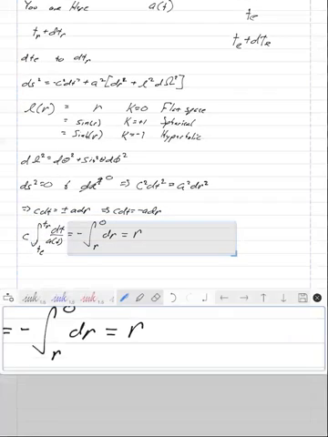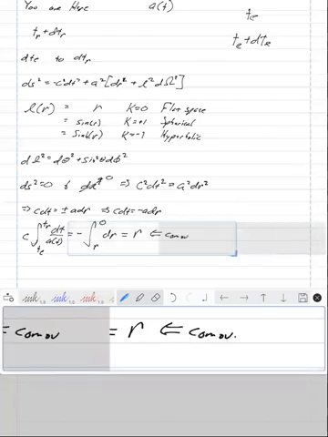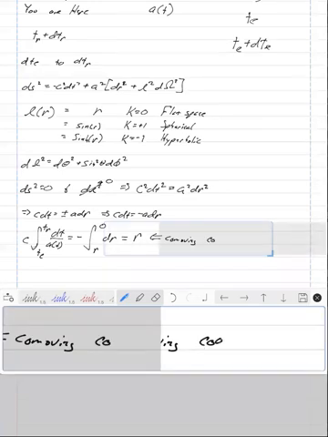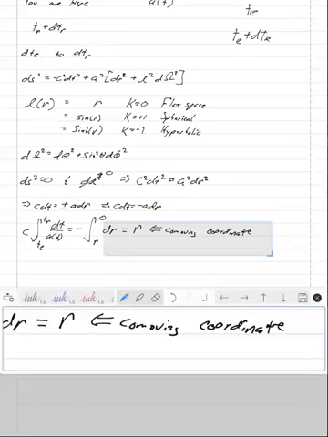Remember, this r is a co-moving coordinate, which is independent of time. All right, we're going to use that fact in a moment.